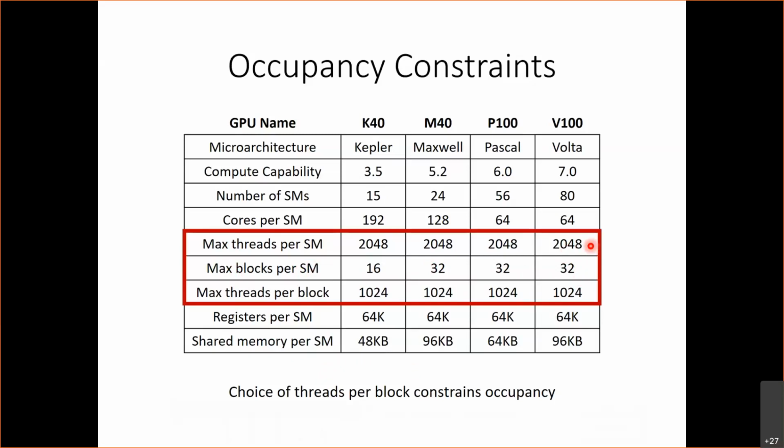So that was an example of how we may have low occupancy because of the way that we configure the maximum number of blocks. It also depends on the number of registers, for example. If we have too many registers per thread, we might run out of registers before we run out of thread slots. And that also may lead to us underutilizing our SM.